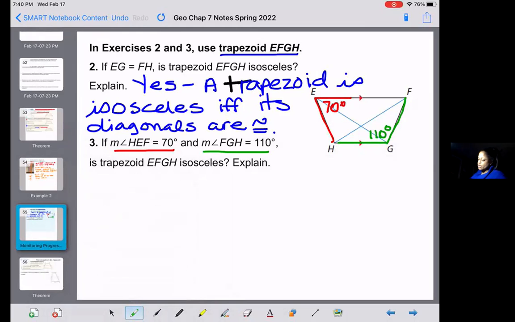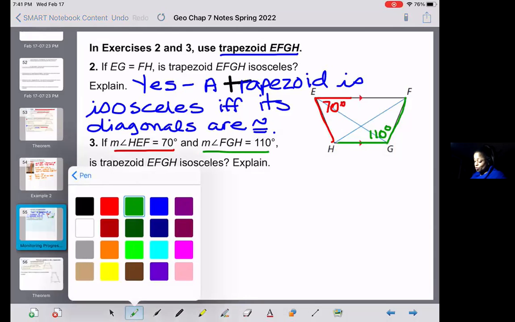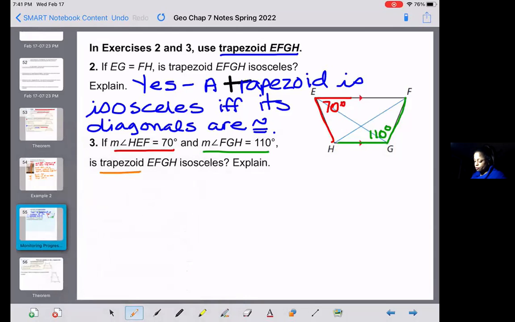Is trapezoid EFGH isosceles? Okay. So it is telling you, first of all, that it is a trapezoid. It's not anything else. It does say for sure it's a trapezoid. So the only question is, is it a regular trapezoid or an isosceles trapezoid?